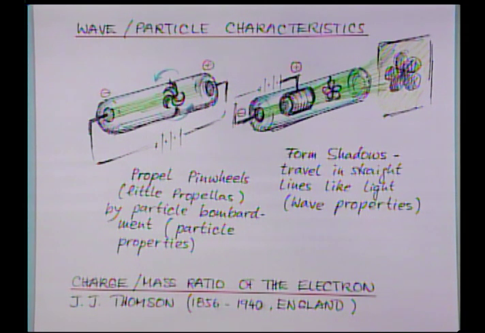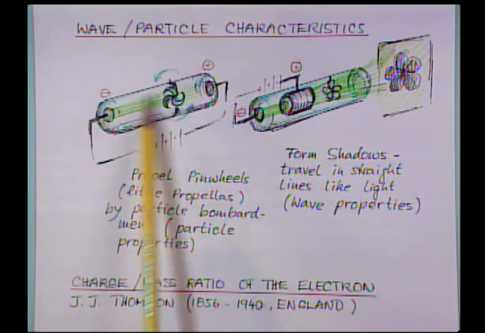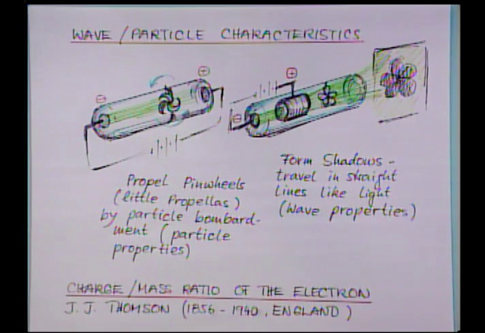Now in the atmosphere, it's the air particles that would bombard into the blades of the propeller or windmill. So a pinwheel is a little thing that can rotate when the cathode rays hit these blades. So it rotates, and that's an indication that we have particles involved.